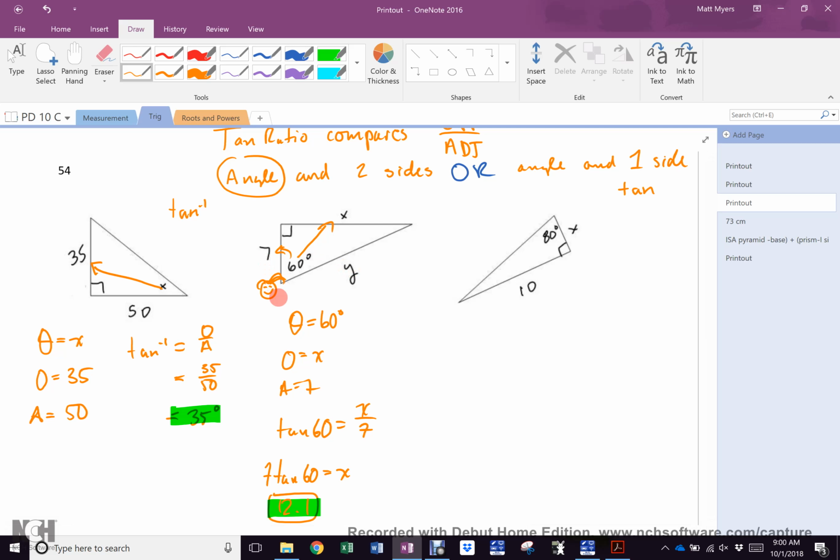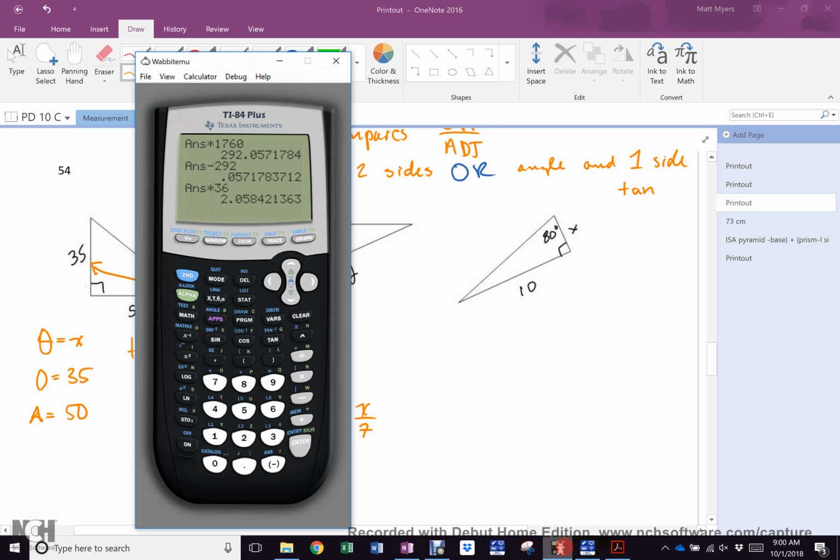But here is a tip for you. Everybody look at my calculator when I get it on the screen. 7 tan 60. Correct? Now, almost all of you will write 12.1 and push clear. Don't. I need that 12.1 again, don't I?